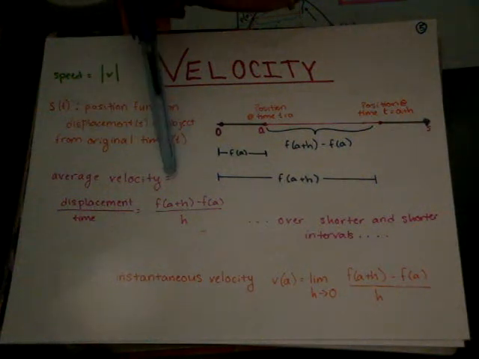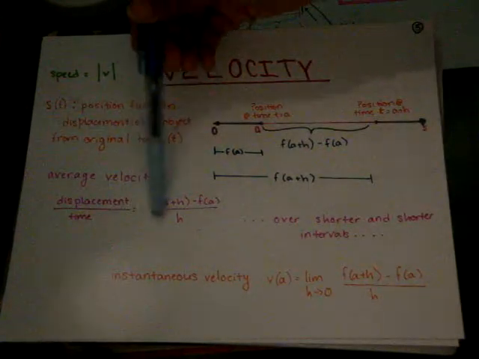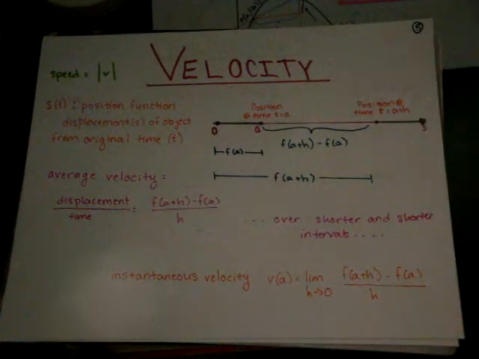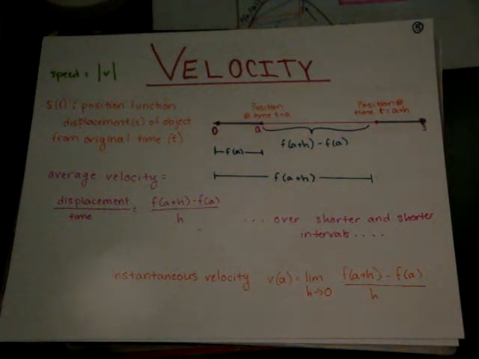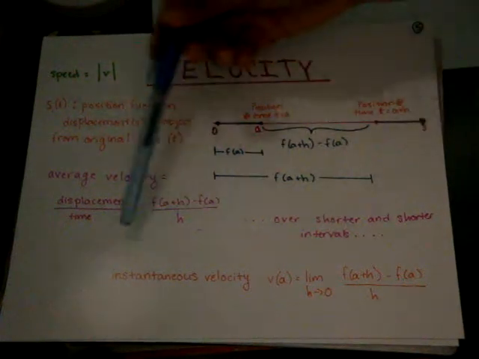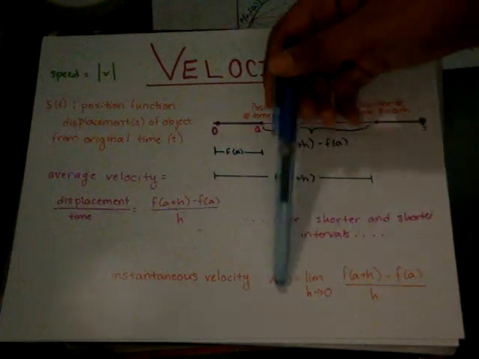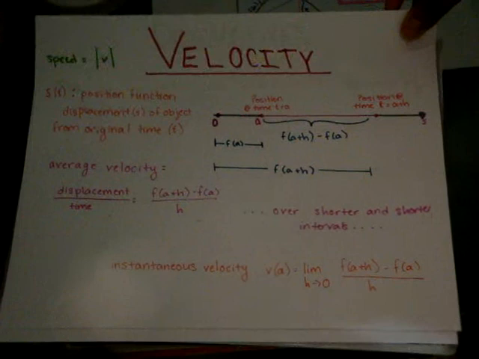So you can get your average velocity, which is the same as the slope of the secant line, by displacement over time, which is the change in y over the change in x. And h is the change in x because h is x minus a. If you compute this over shorter and shorter time intervals, you would get the instantaneous velocity, which is given by this, the same as your formula for the tangent line.